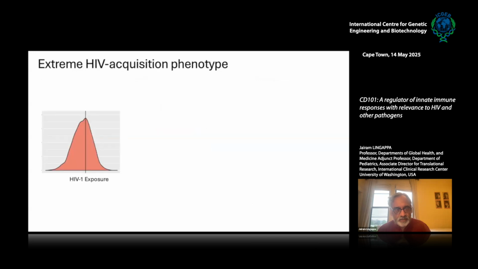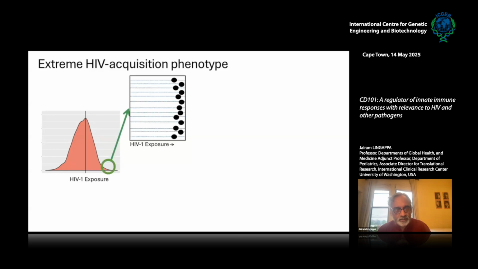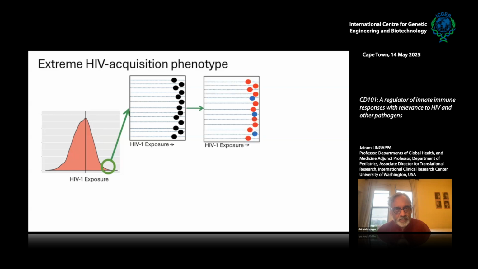So that means that once we quantified the HIV exposure, we could look at the people at the extreme level of HIV exposure, people highly HIV exposed, and after following them longitudinally, identify which of those individuals remained HIV uninfected after long-term HIV exposure, despite high HIV exposure risk.